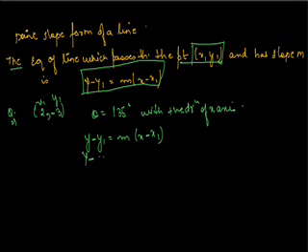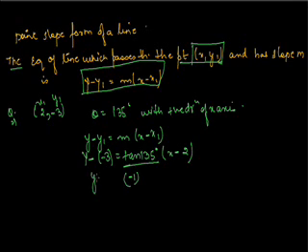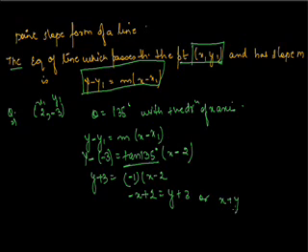So y minus y1 is y plus 3, m is equal to tan 135 degrees, and x minus x1 is x minus 2. We know that tan 135 is -1. So y plus 3 is equal to -(x minus 2), or -x plus 2 is equal to y plus 3, or x plus y plus 1 is equal to 0.